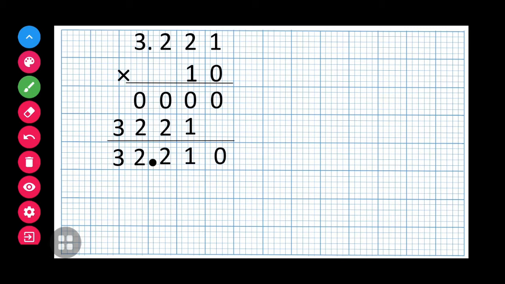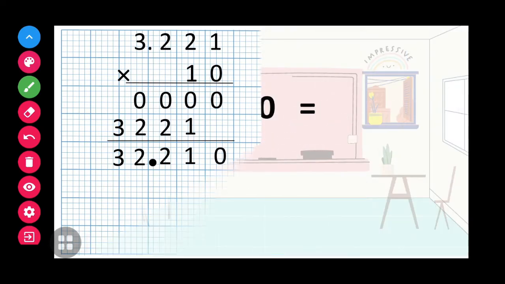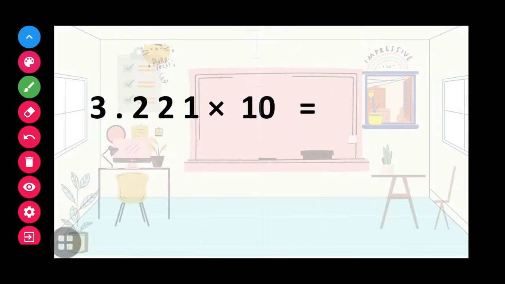And I am sure you will be happy that you have a shortcut to do this. You have an easy method to multiply a decimal number by powers of 10. Let's learn it. The sum we did before has a decimal and we are multiplying it by 10. Now you notice that this 10 has only 1 zero.